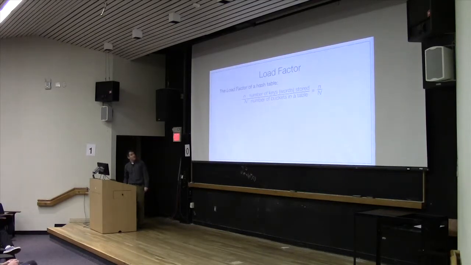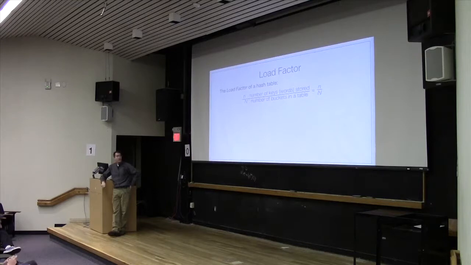All right. A couple other things on this, and we'll get into more details next time around. There's a load factor for a hash table. In other words, if you have so many keys that you're going to add, and you have the number of buckets you're going to put them into, we can do a little ratio here and say that small n divided by big N gives us a load factor.